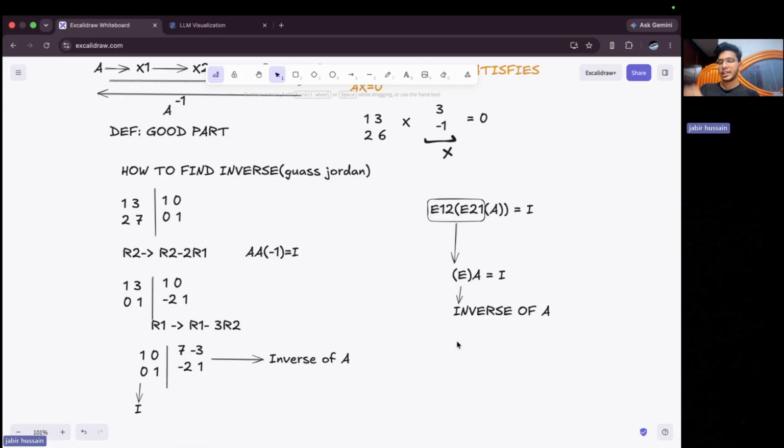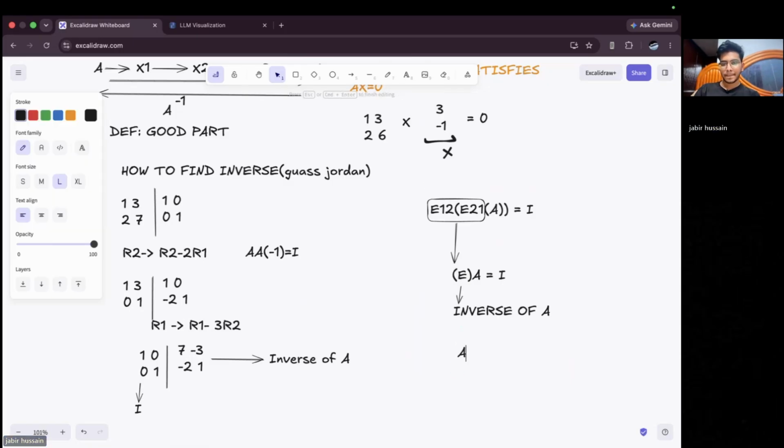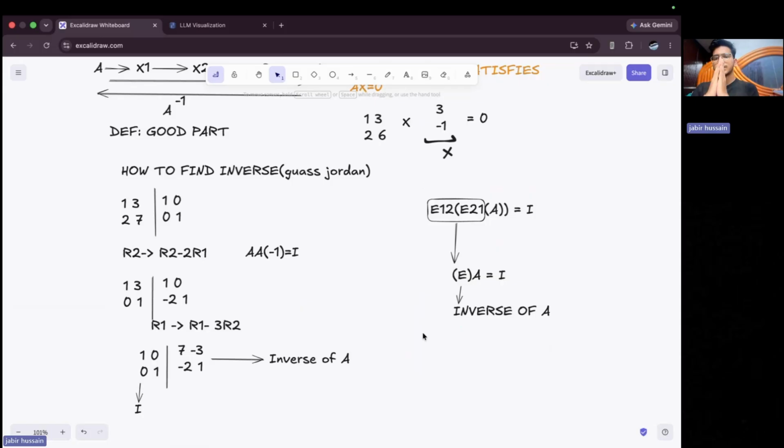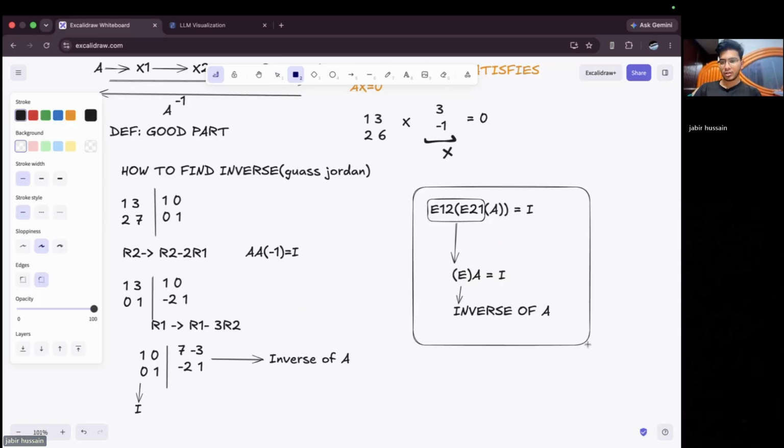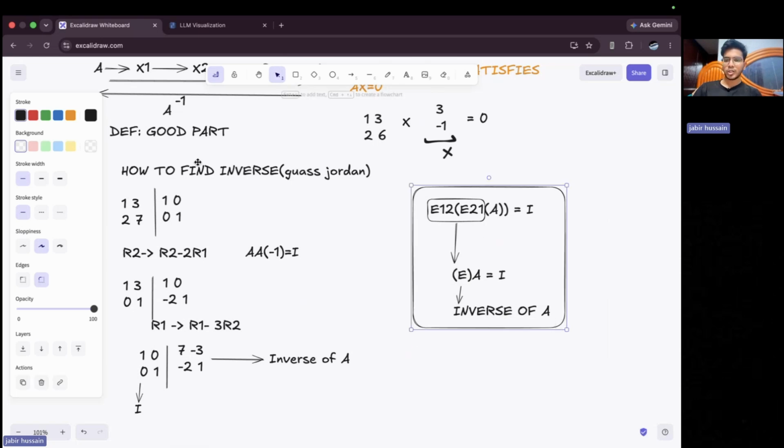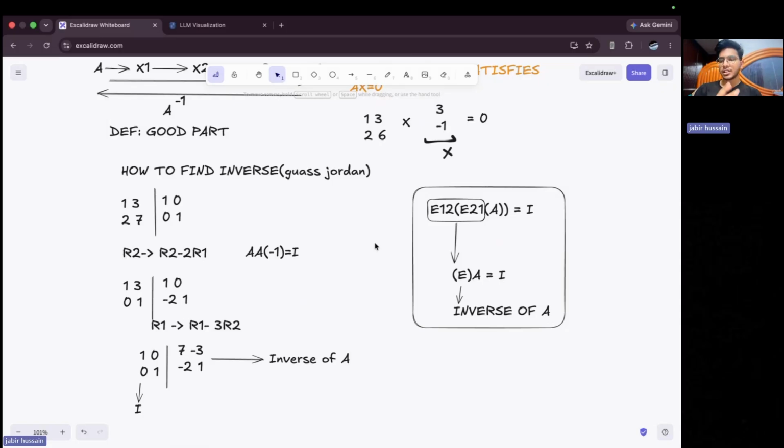And when you send E there, you will get A equals I over A inverse. I can remove this. This is the overall mathematical description of Gauss-Jordan elimination. All the things I did can be confined into this. So this is the Gauss-Jordan method to find the inverse of a matrix.